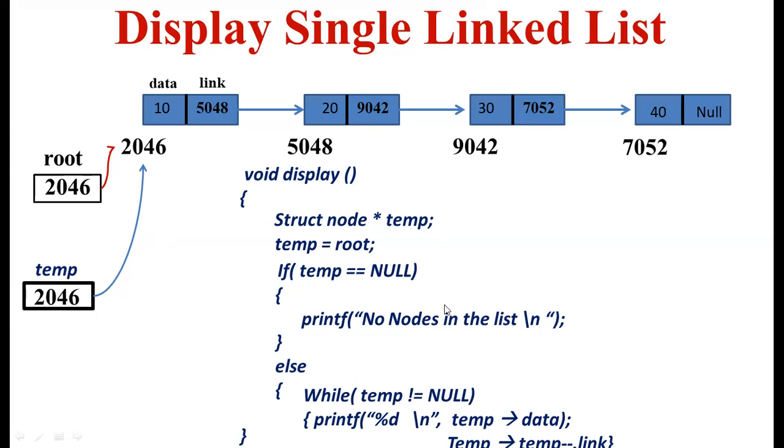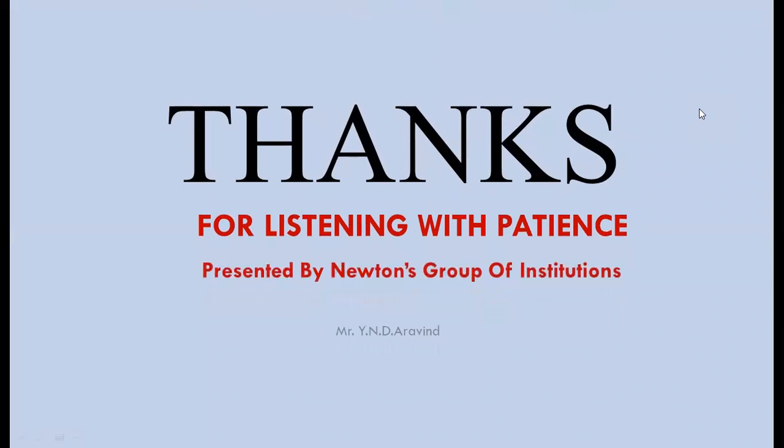So temp to data, 9042 data is 30. So 30 will be printed. Then we go to its link, 7052. 7052 is not equal to null, so we print the 7052 data here. Then we go to the next value, which is null. So that's how we display all the elements in the linked list.